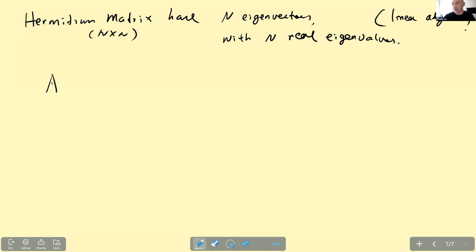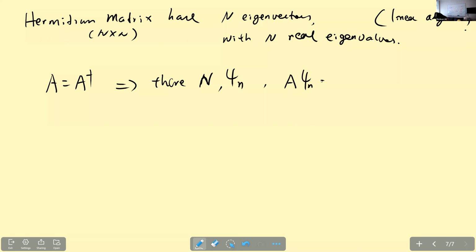So that means if I have A equals to A dagger, and then so there are n states psi m with A acting on psi m equals to am psi m, and am is a real number.